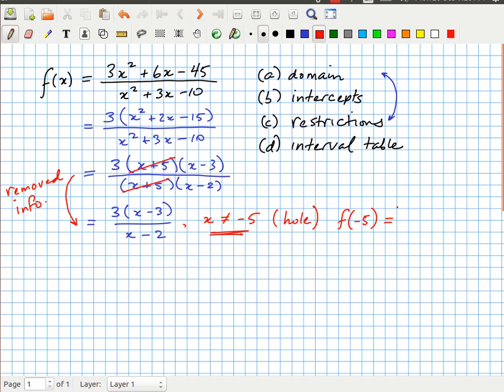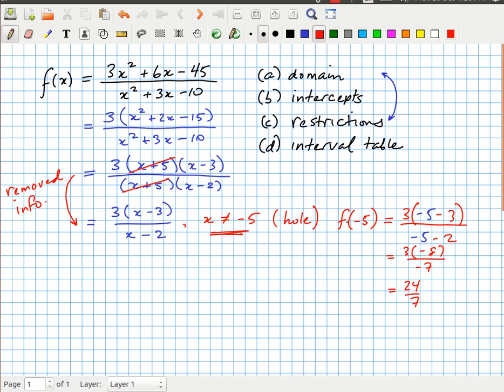And so we're going to end up with 3 times negative 5 minus 3, all divided by negative 5 minus 2, and that is equal to, so we get 3, negative 5 minus 3 is negative 8, negative 5 minus 2 is negative 7, and so we end up with negative 24 over negative 7, or positive 24 over 7.